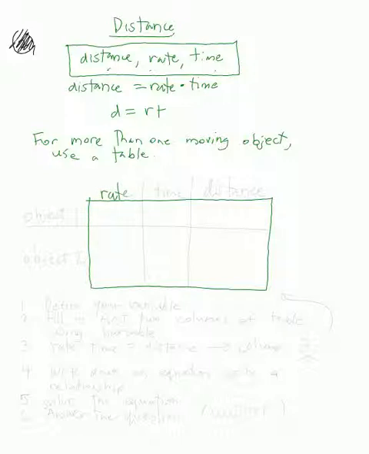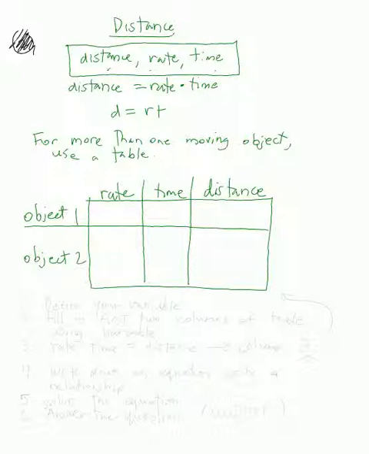Well, we have rate, we have time, and we have distance. We also have a couple of things here. We have object 1 and we have object 2. And we use this table to solve the problem.